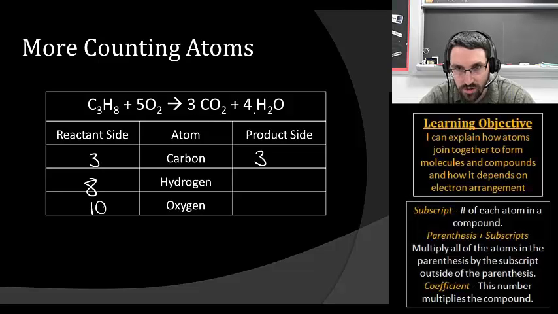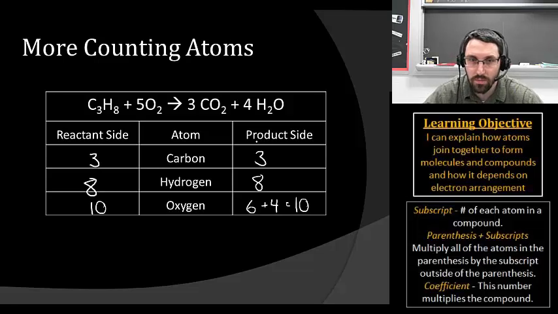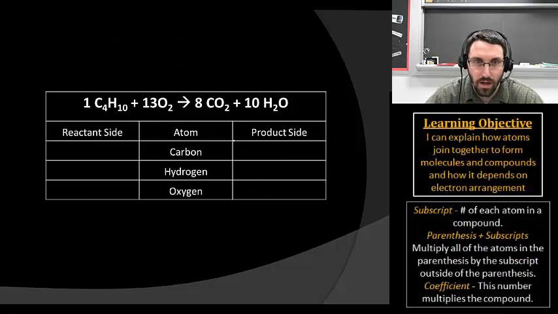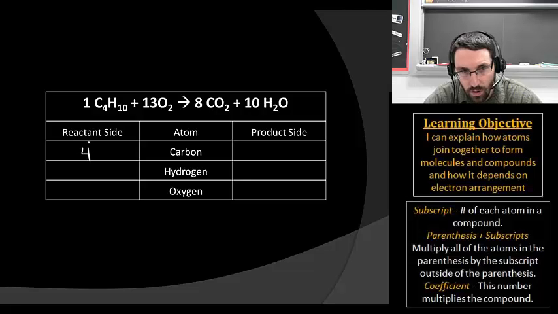We have 4 times 2 is 8 hydrogens. Oxygens, I have 4 from the water plus 6 from the CO2, giving me 10. So we can see that this equation is balanced because the number on the reactant side equals the number on the product side.